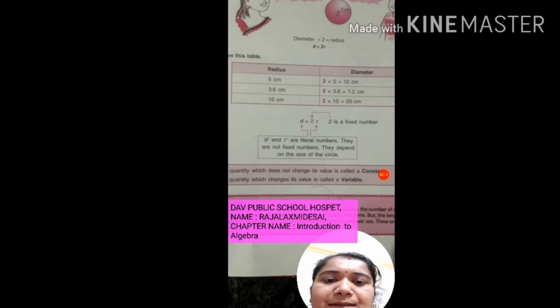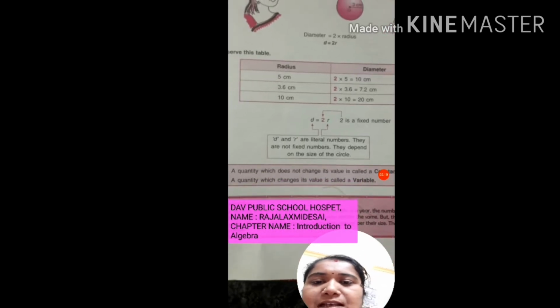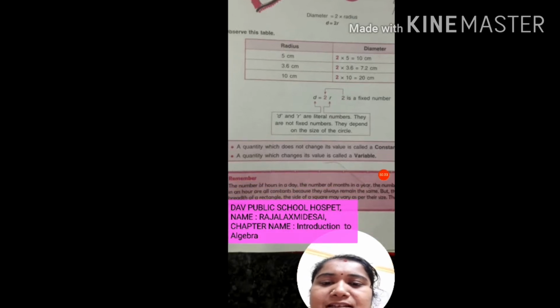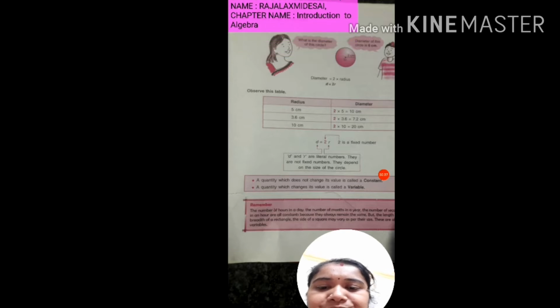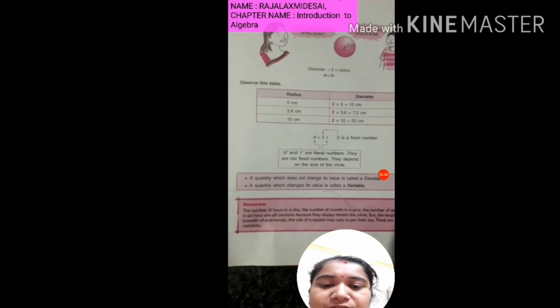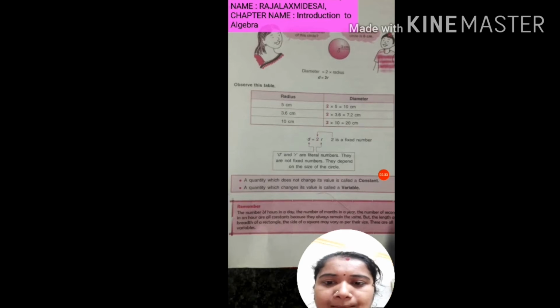So diameter in this table you can observe 10, 7.2, 20, and radius 5 centimeter, 3.6 centimeter and 10 centimeter. Therefore, we can come to the conclusion that a quantity which does not change its value is called a constant. A quantity which changes its value is called a variable.